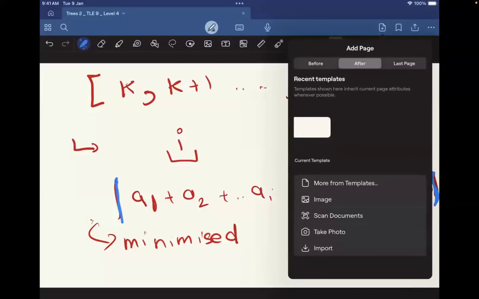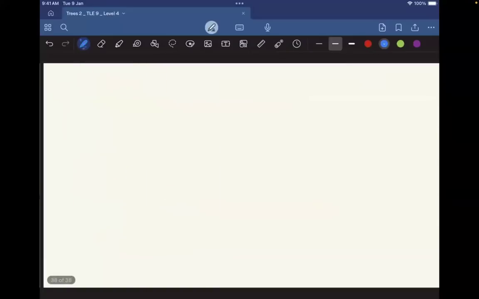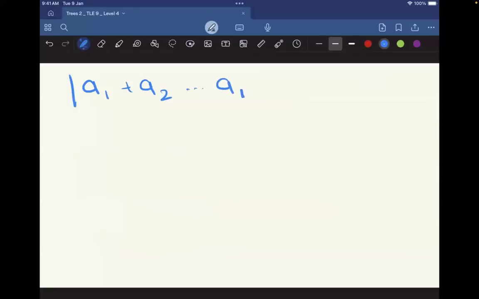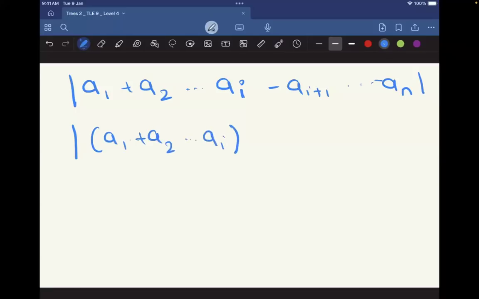The first thing to notice here is, guys, that A1 plus A2 up till AI, minus AI plus 1 up to minus AN, this can be written down as A1 plus A2, so on and so forth up till AI, minus the bracket of AI plus 1 plus AI plus 2 up till AN. Do you agree when I open this bracket, this minus sign goes everywhere? Yes or no?